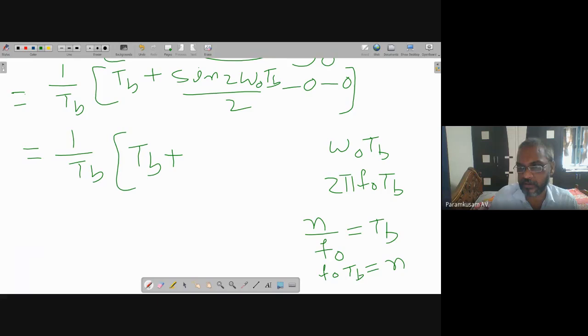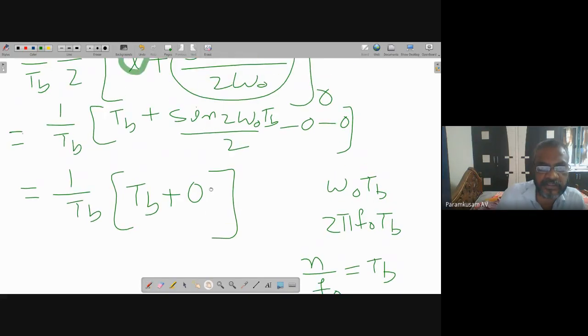Okay. Then omega naught Tb is equal to 2n pi. Then sin 2n pi is equal to 0, no? So that's why the integration of cos 2 omega naught t over the 1 bit interval is always 0. So you will get a non-zero value for this term only.